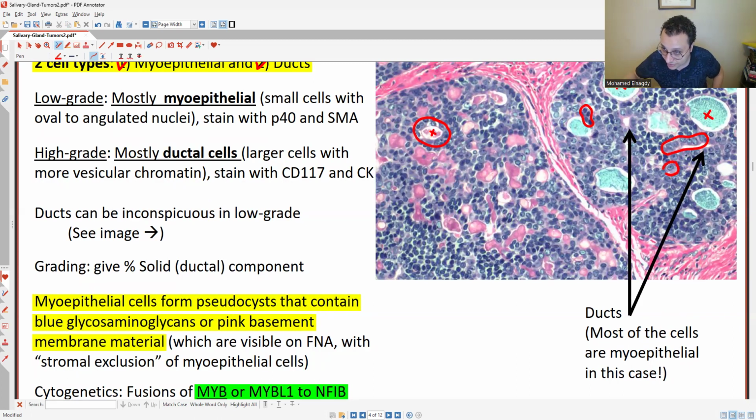This is a duct cell, this is a duct cell, that's a duct cell. But these compact, small blue nuclei with just dark chromatin and no prominent nucleoli are myoepithelial cells. So the tumor is composed of 2 types of cells.